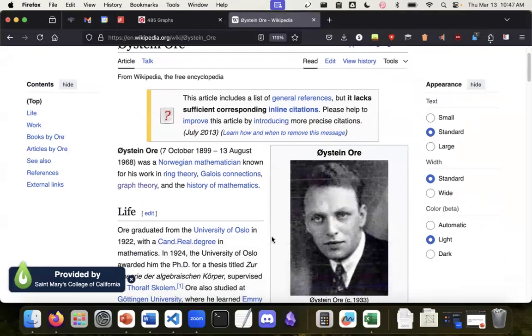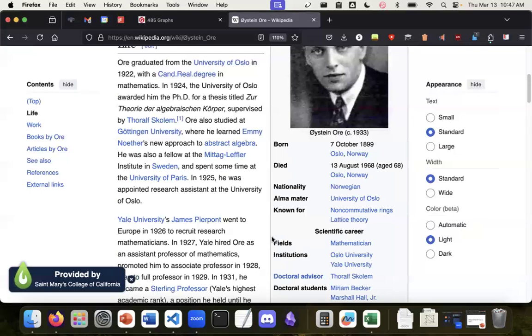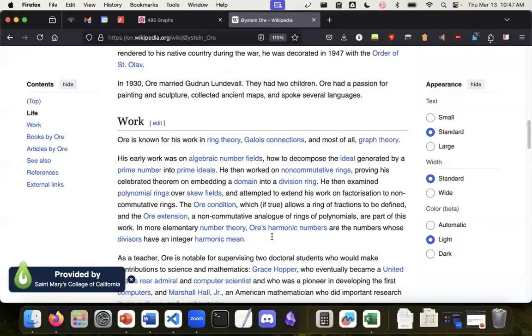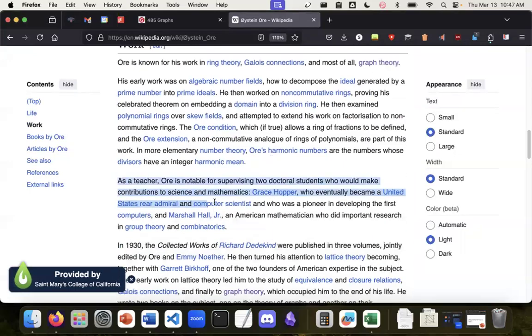He was a Norwegian mathematician, and he was the advisor for some famous doctoral students, one of which is Grace Hopper, after whom the Grace Hopper Conference for Women in Computer Science is named, and she did a lot of really cool things. I thought that was interesting to bring up, but we won't talk about his theorem.